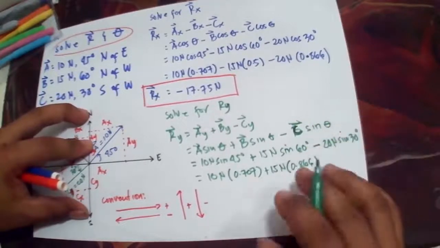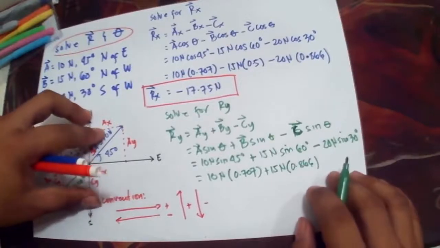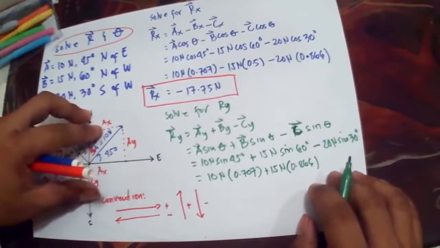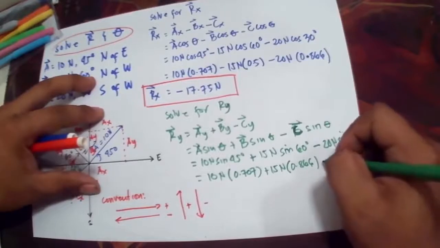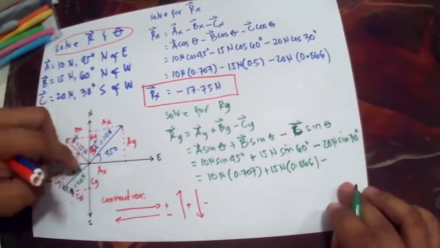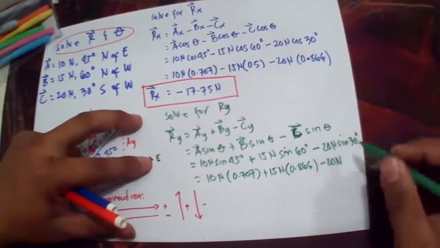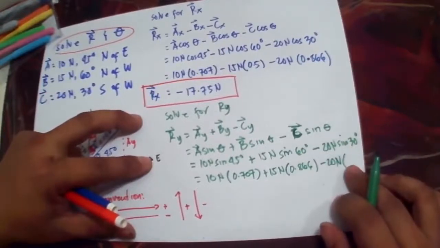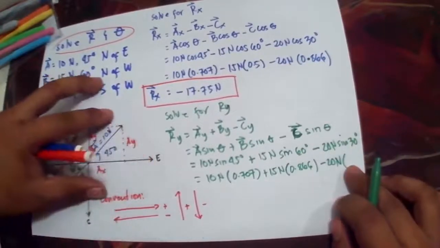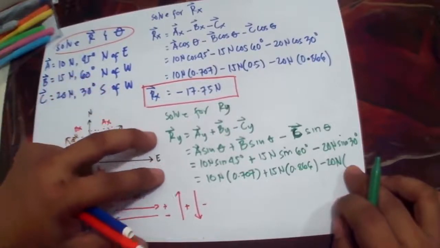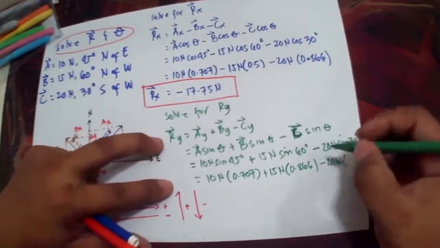Try to recheck this one, class, so that we can evaluate our answer. And the vector c here is 20 newtons, sine of 30 degrees. That's 0.5.